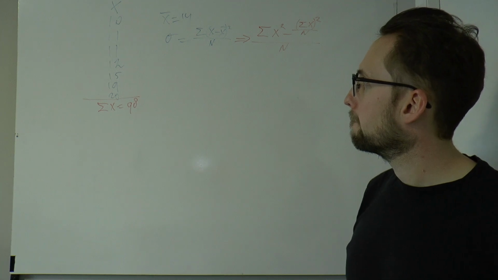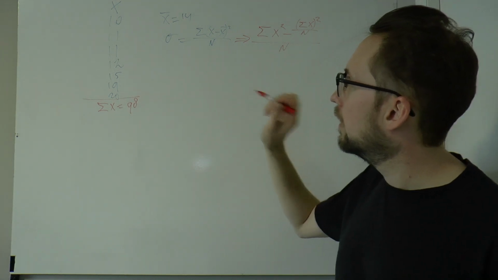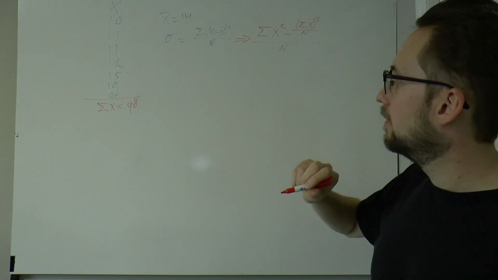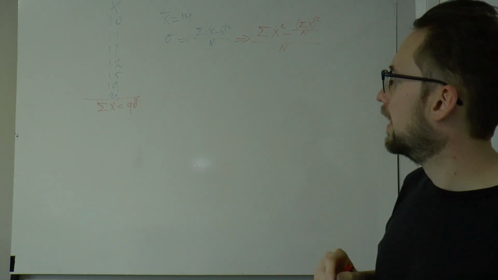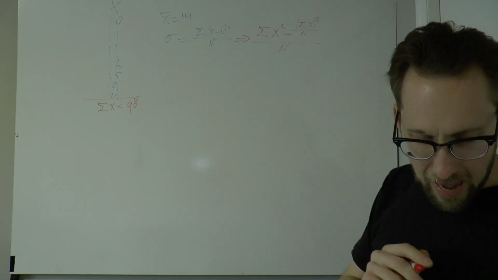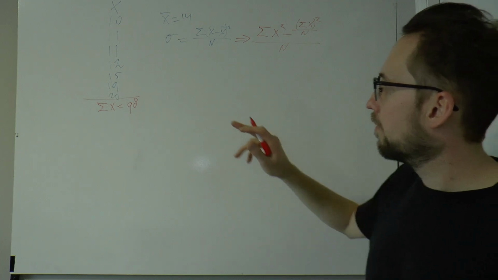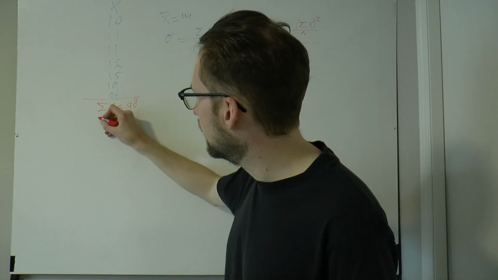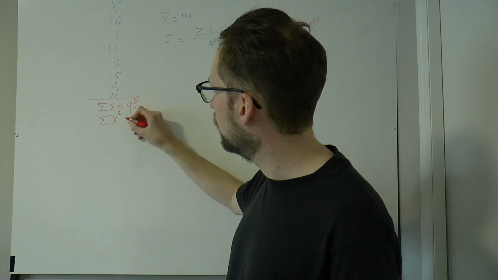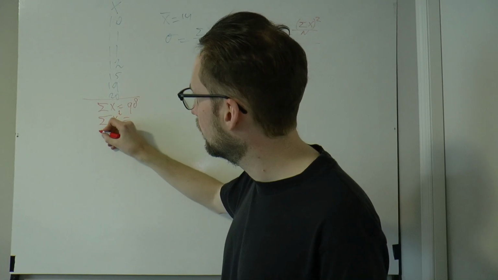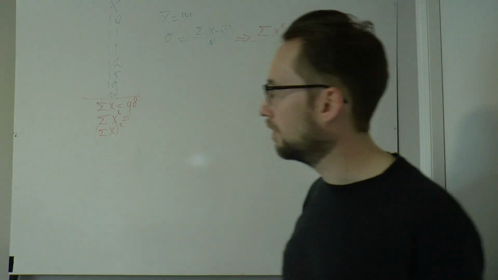Now, what else do we need? Well, the formula asks for the sum of all squared x's, which is something a little different. So, I'm going to write this down here. I have the sum of x squared, and I have the sum of x, squared.